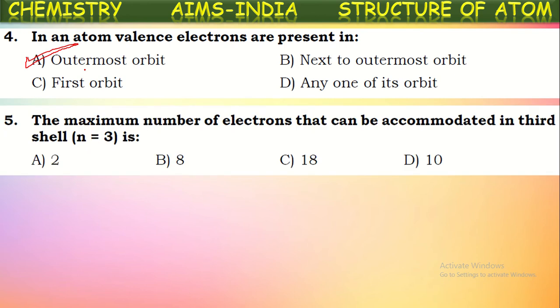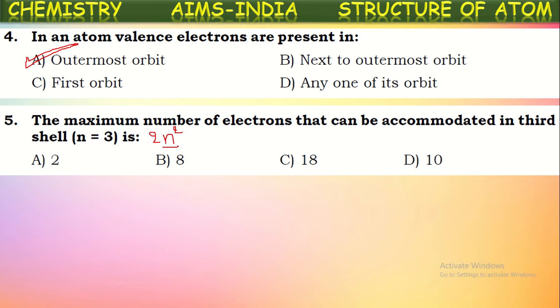Next one, the maximum number of electrons that can be accommodated in the third shell. How many electrons can be accommodated in the third shell for any atom? So Bohr and Bury together have proposed a formula to find the number of electrons that can be accommodated in a particular shell for the atom. That is 2n square, where n represents the number of the orbit.